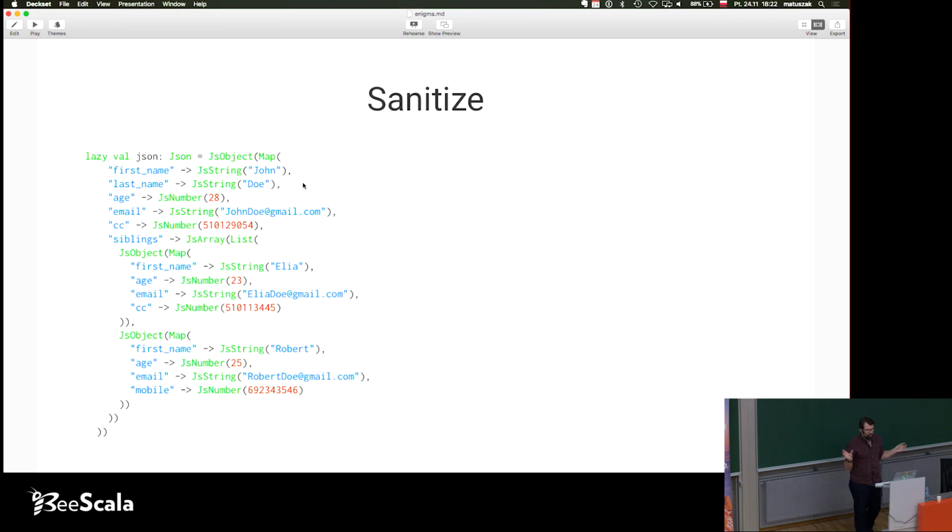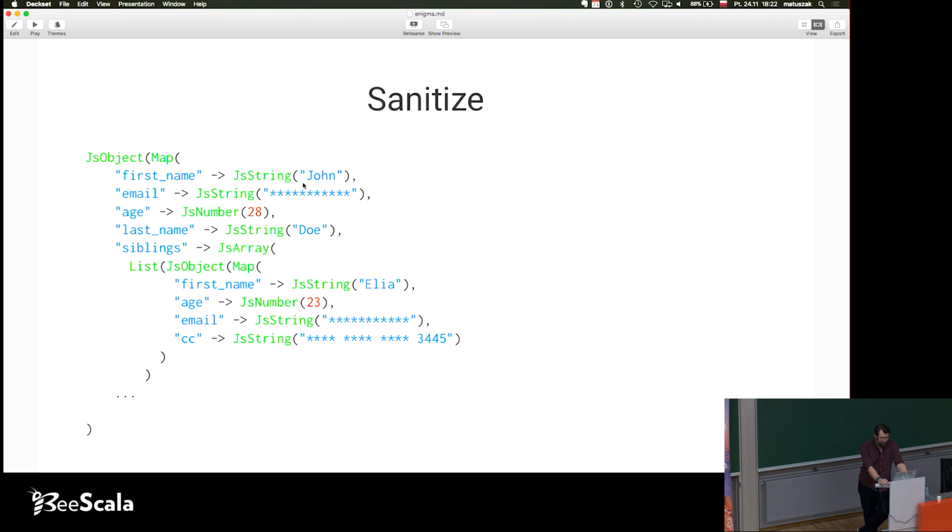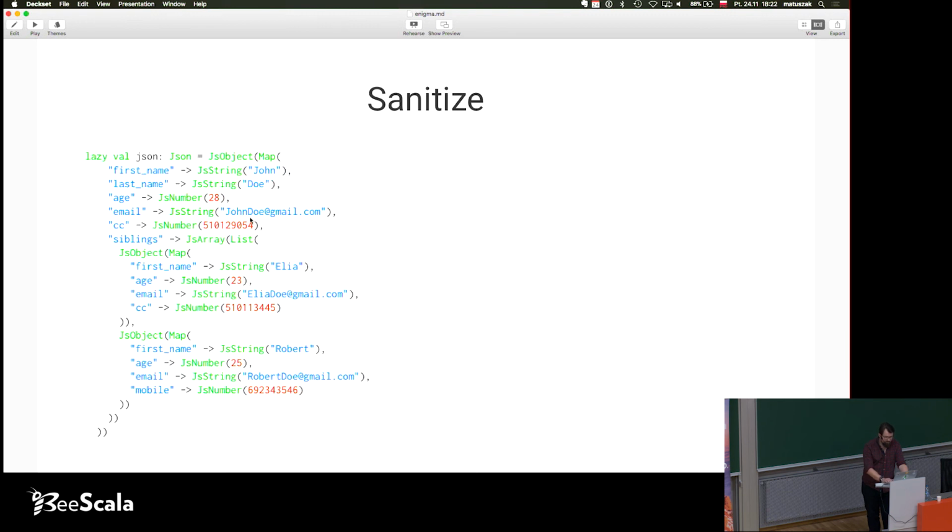And for example, if you are doing microservices, then it's very easy that some of the data will be pushed through the API. So you can write a really simple lens to replace everything that looks like an email or like a CC number, a credit card number.